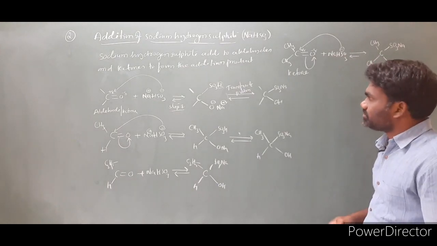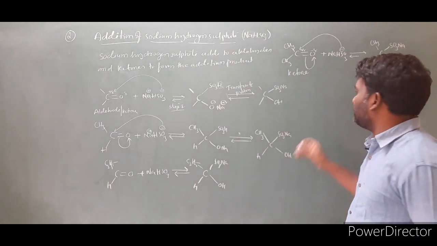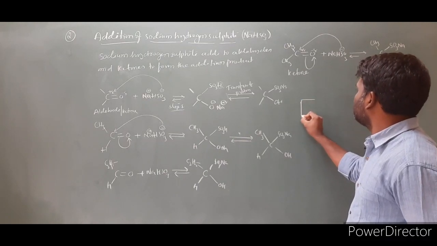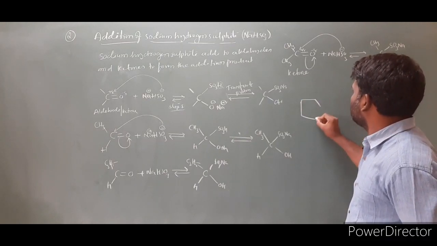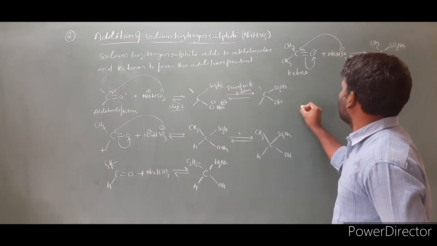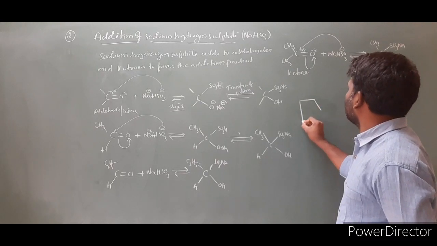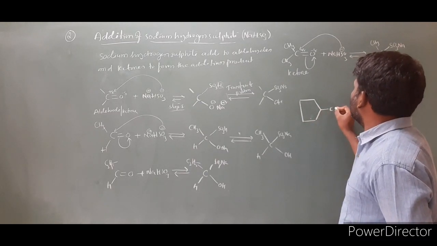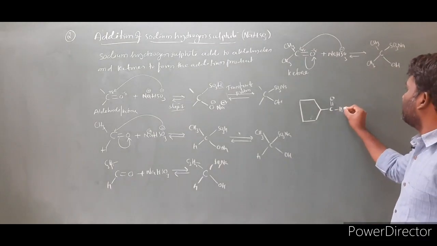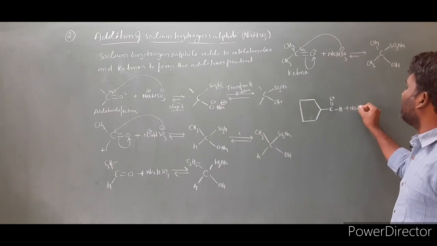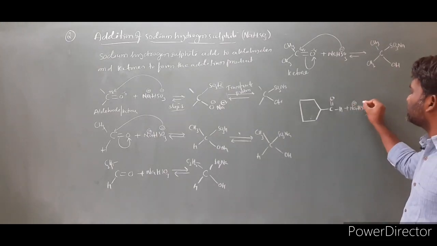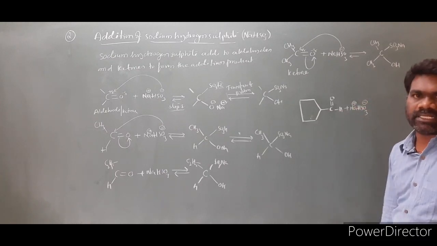Then I am taking a cyclic compound like this, C double bond O, and this one is treated with NaHSO3. Here is Na plus, this is HSO3 minus, isn't it?